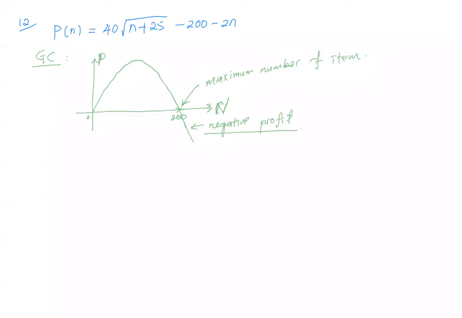So for this case, I can ask you for the domain. So n is a member of real numbers, and I should say n is a member of whole numbers. Because in this case, when we talk about a maximum, we have to be very careful. After this I will show you.